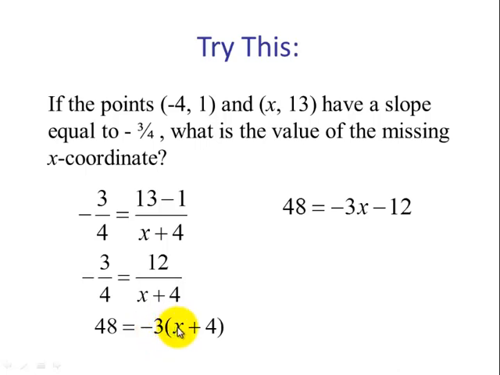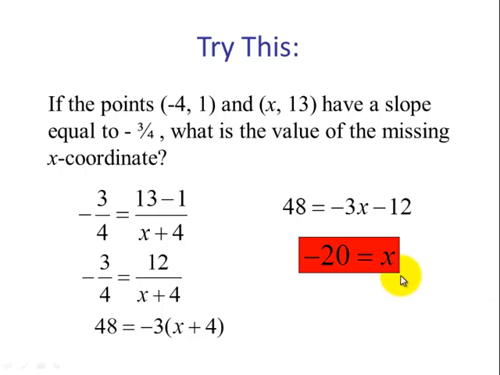We have negative 3x, and we have minus 12 because negative 3 times positive 4 is negative 12. Our next step is to add 12 to both sides, which gives 60 equals negative 3x, and dividing by negative 3, we see that x is equal to negative 20.